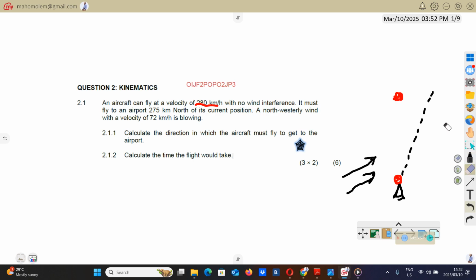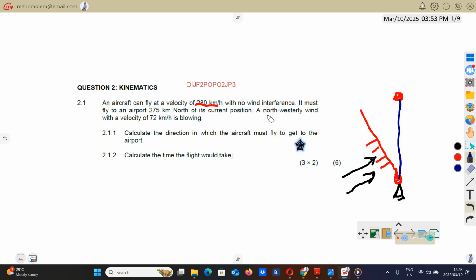So for this to reach the desired destination, the pilot must steer this airplane in this direction. So when he tries to go against the direction of this wind a bit, this wind will push that aircraft, and then that aircraft, instead of moving in this direction, will take this direction, which is the desired direction.